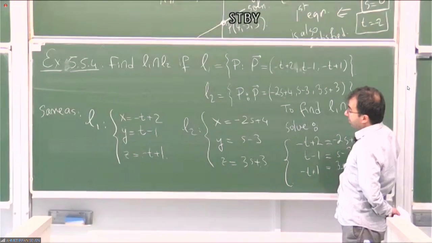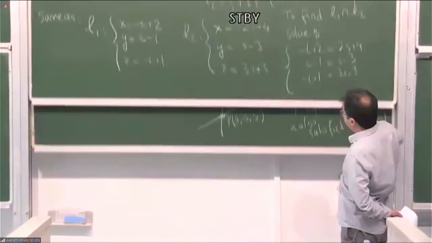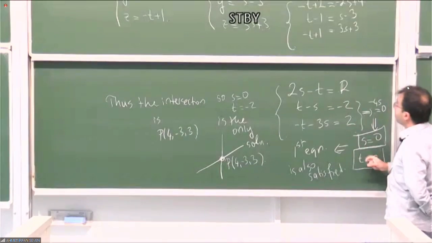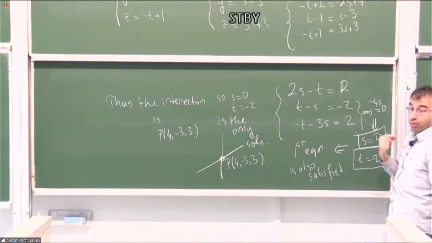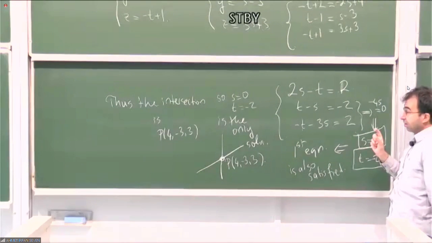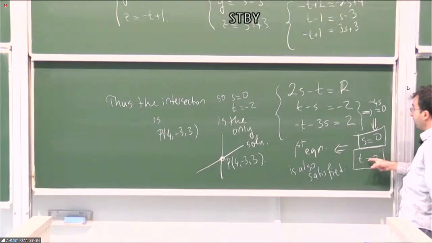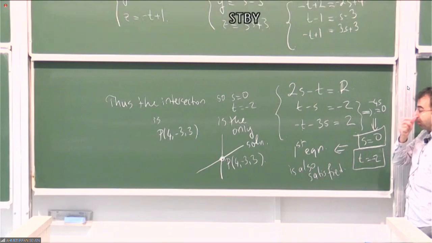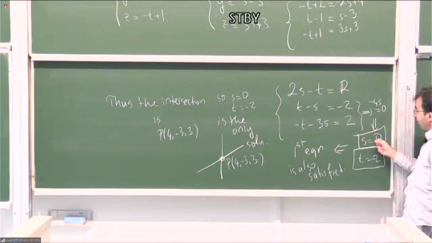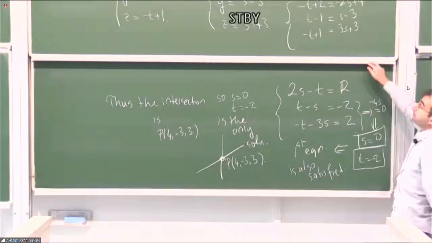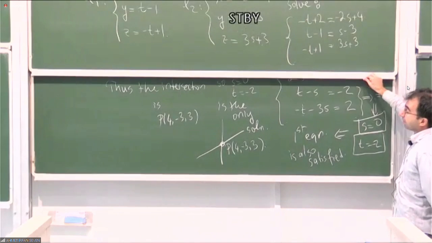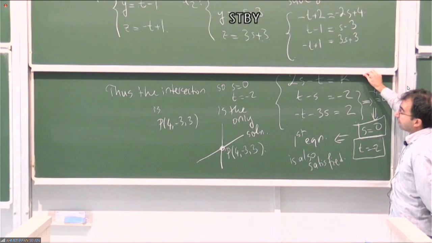So to find the intersection, we need to put these numbers into the equation and get the point, because the intersection is a point. These are values for the parameter. So the intersection point occurs when these parameters have these values. Every time the intersection has to be a point.